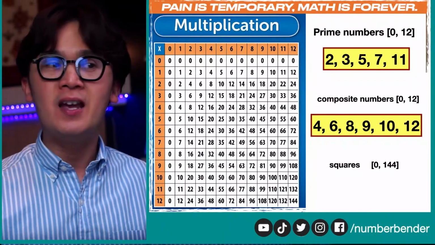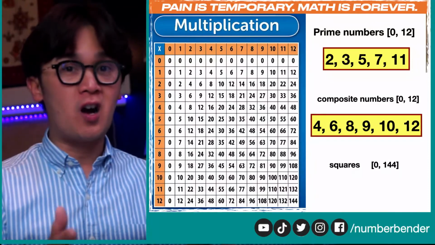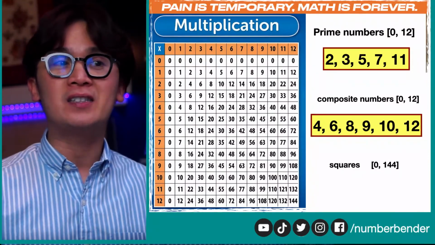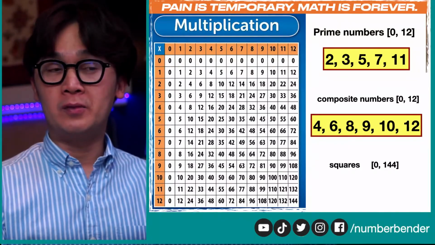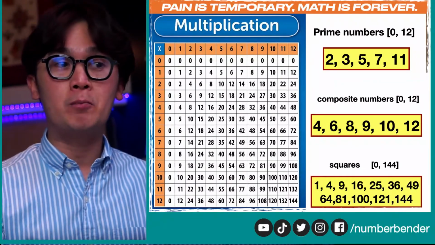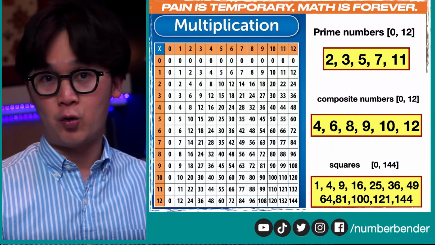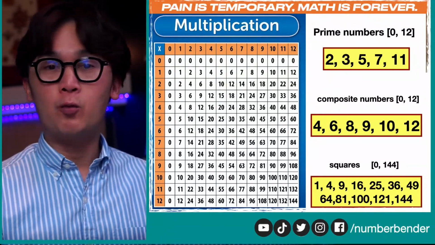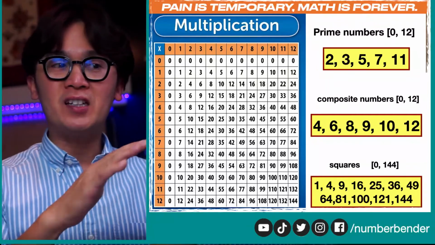And squares, these are the products of a number multiplied by itself. So if we list down the squares of numbers from 1 to 144, we'll have the numbers from 1 all the way to 144, because 12 times 12 is 144 and 1 times 1 is 1, and these are the squares.